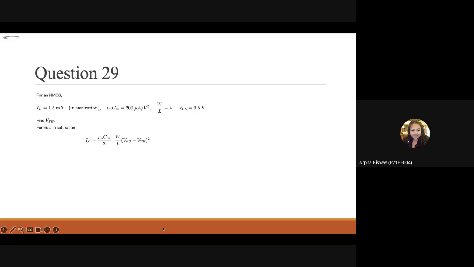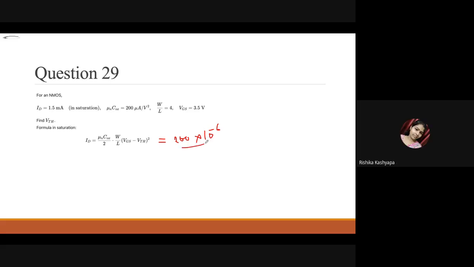Okay, let's solve this question. So half of mu and COX into W by L is equal to, what is the value of it? Tell me. Mu and COX is equal to 200 into 10 to the power minus 6.